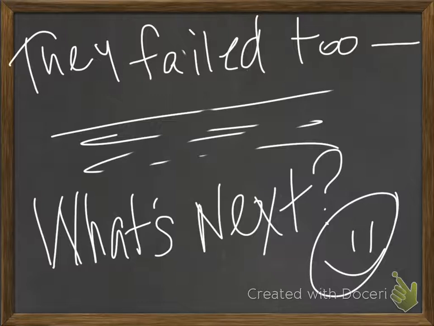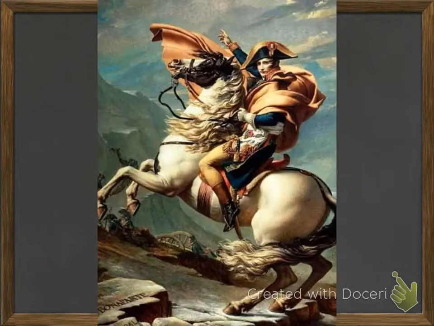But what's next is going to be maybe somebody from the outside, somebody who doesn't have any of these early Revolution grudges. And that guy is going to be Napoleon Bonaparte, and he will be someone we are going to spend some time going over.